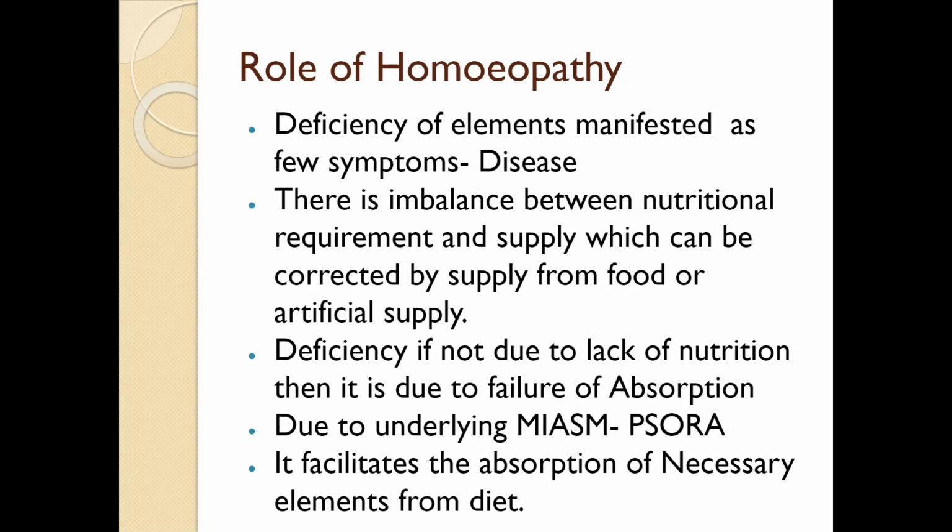Let's conclude by understanding the role of homeopathy in the deficiency of elements. Deficiency of elements is manifested as a few symptoms. We call it disease phenomena. There is an imbalance between nutritional requirement and supply, which can be corrected by supply from food, or we supply artificially, that is by giving tablets.